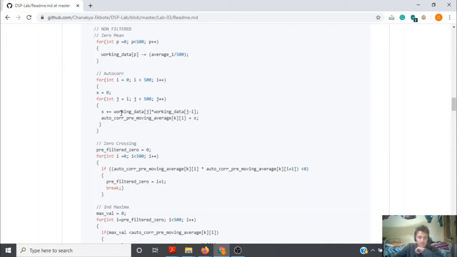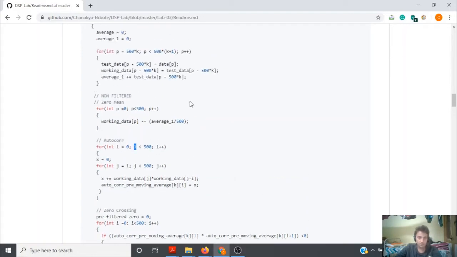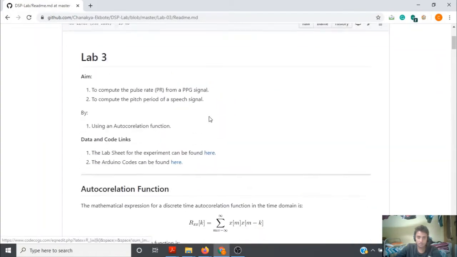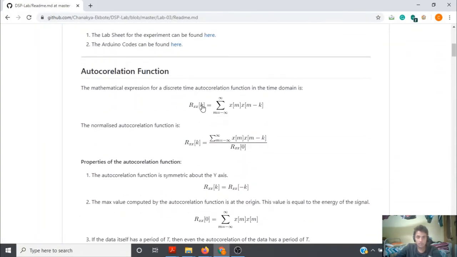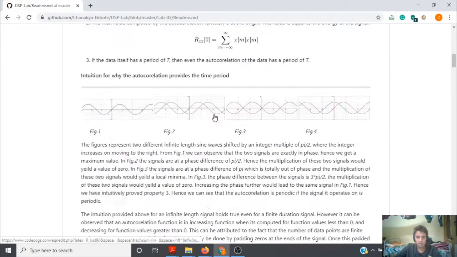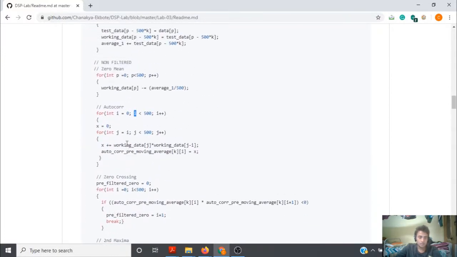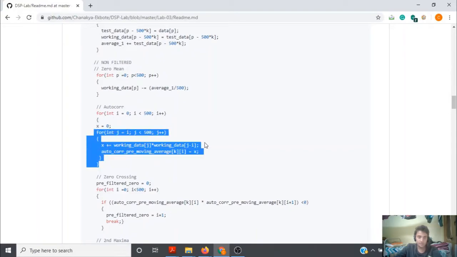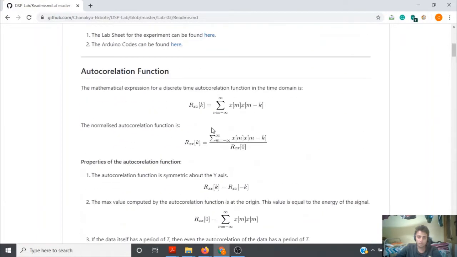If you look at this particular part, this multiplication, all it's doing is looking back i samples, right? So this i corresponds to the k that we're looking at. And this j loop does the summation from minus infinity to infinity.